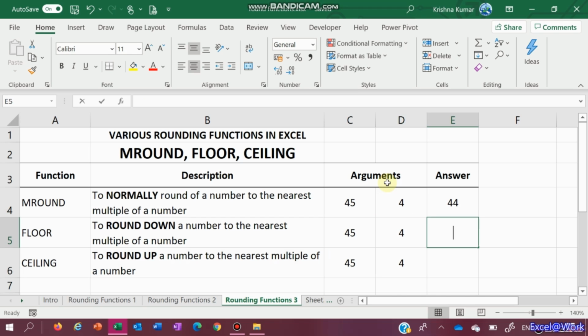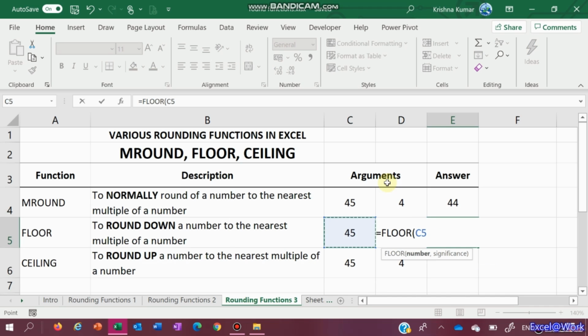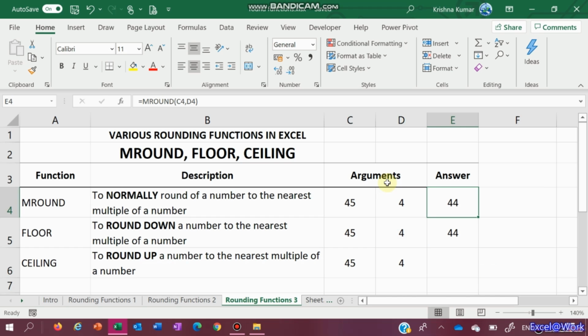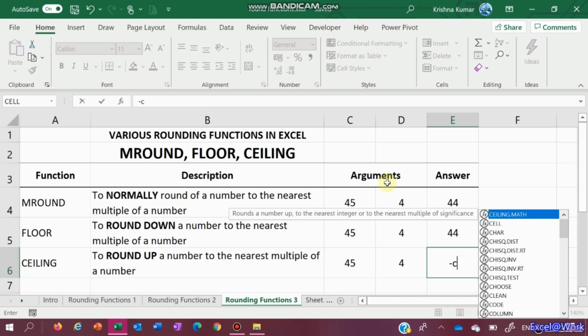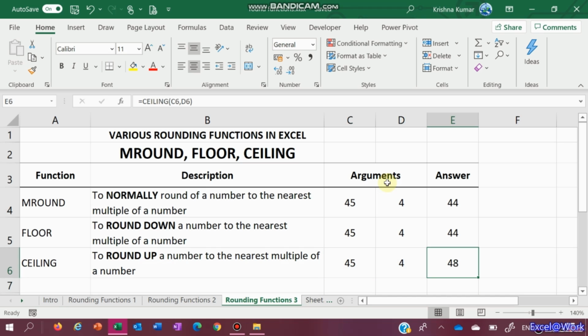So the FLOOR and the MROUND function are same in terms of 45 and a multiple of 4. When you do the CEILING, this is 48.